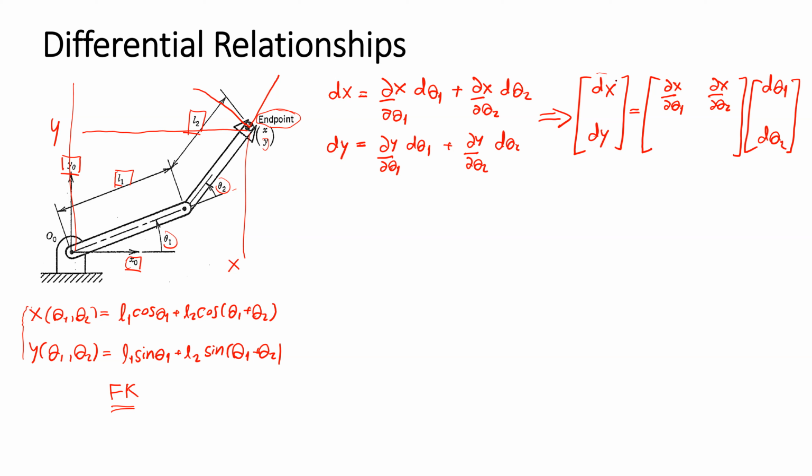So dx is equal to partial x by partial θ1 dθ1 plus partial x by partial θ2 dθ2 from the first relationship. For the second relationship, dy is partial y by partial θ1 and partial y by partial θ2.